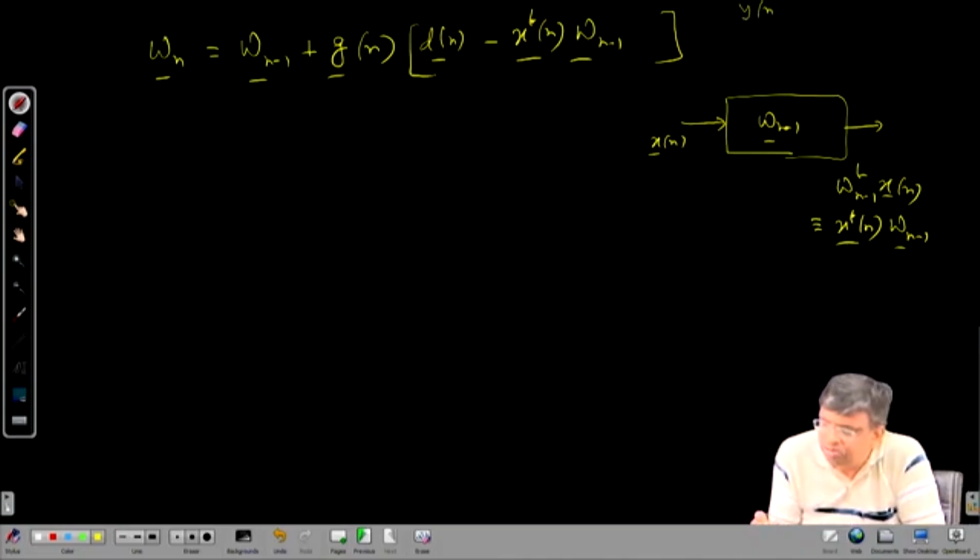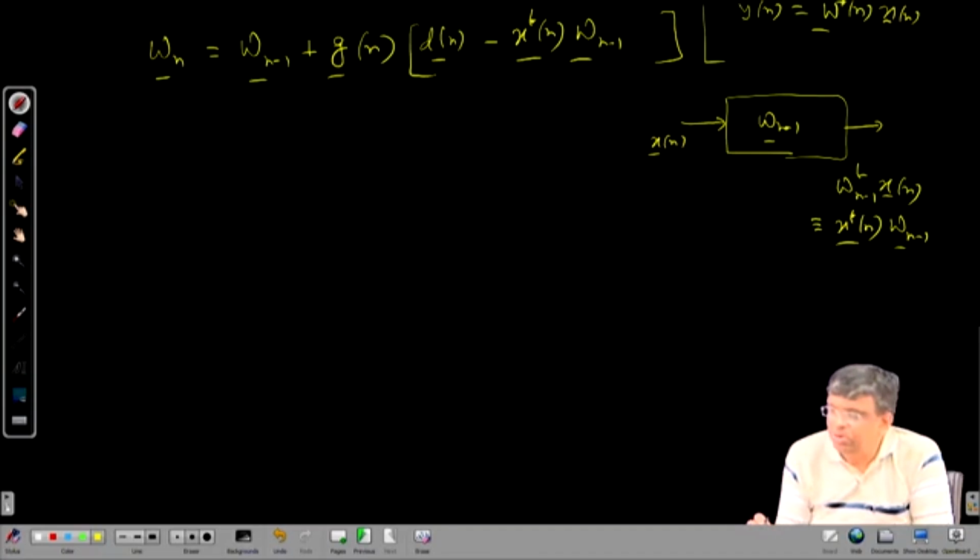When we normally see y n, it is W transpose n x n. That is, if you have W n at the nth clock, you use it to filter the input vector. So, this is the output that you can get after you calculate W n.